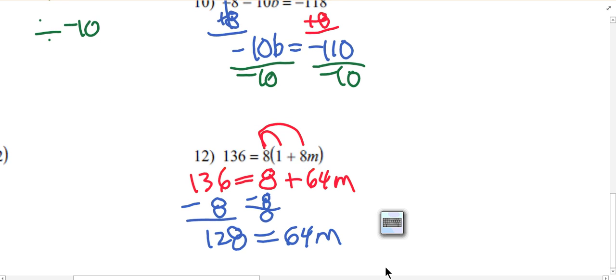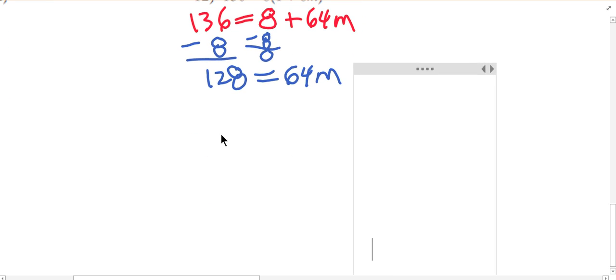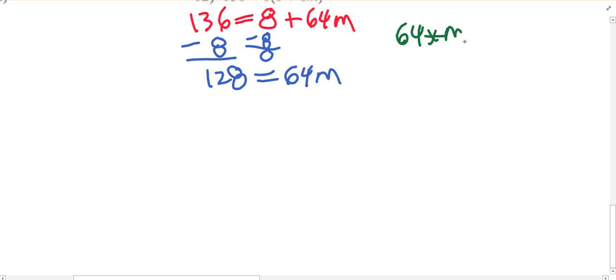And we have 64m. Now, we're going to take 64 times m. How do we undo multiplication? By division. So we're going to divide by 64 to get rid of it. Once you get good at these, you don't need to worry about what you're doing. You'll just know what to do.